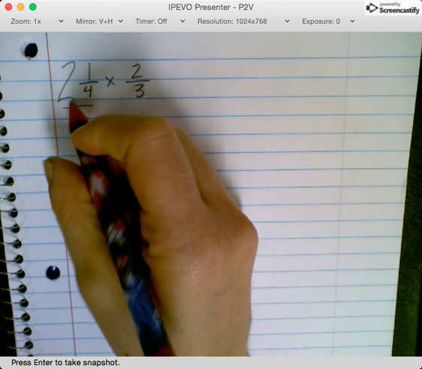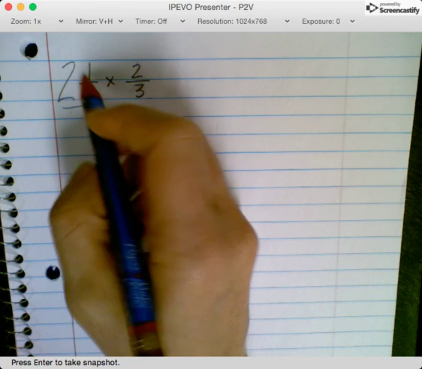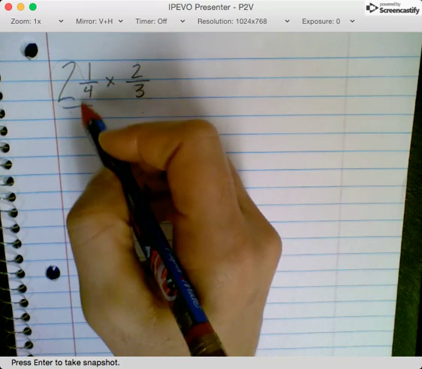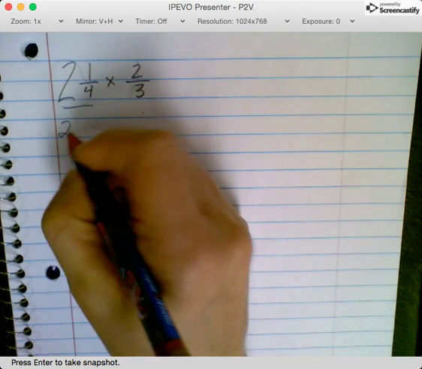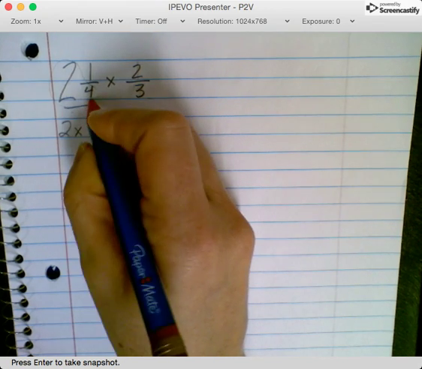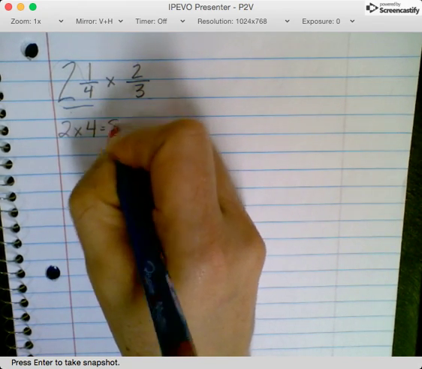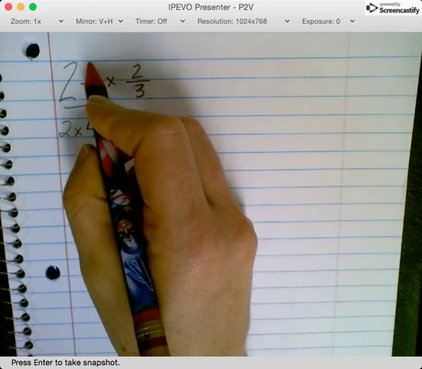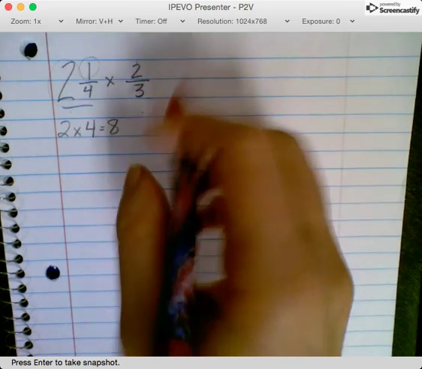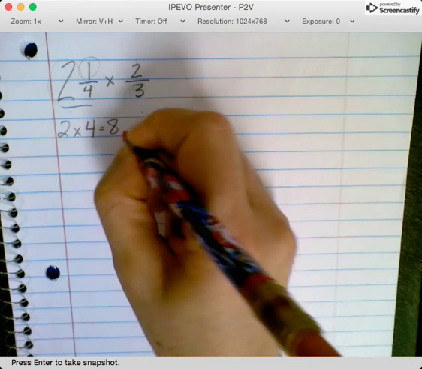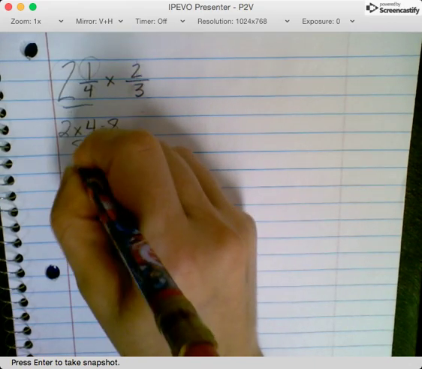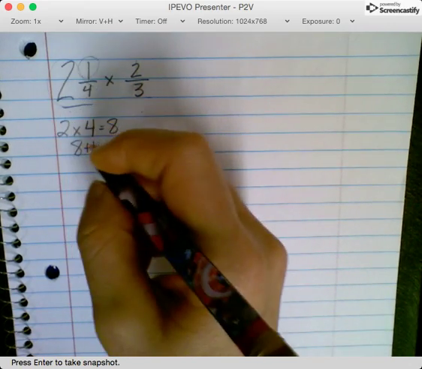So in order to do that, I have to take my whole number, which is 2, times my denominator, which is 4, and then I add that to my top number, which is 1. Okay?